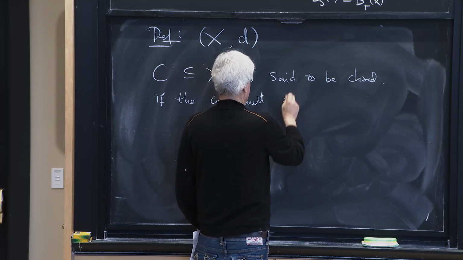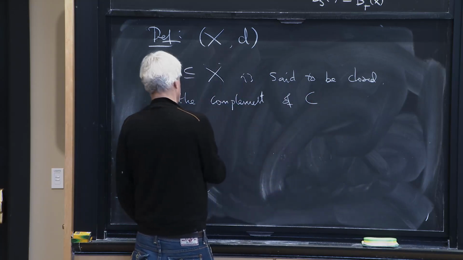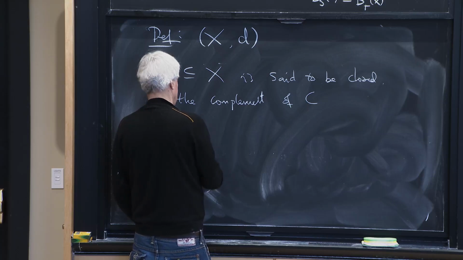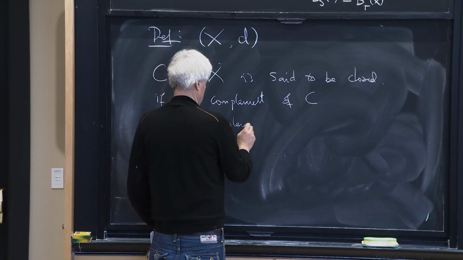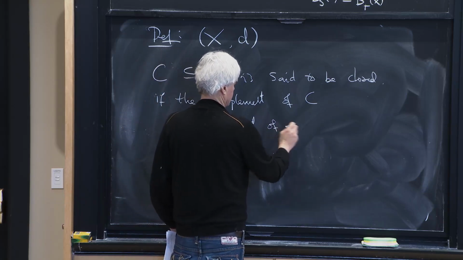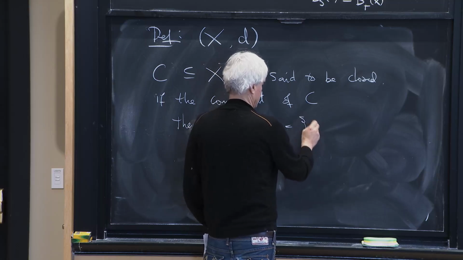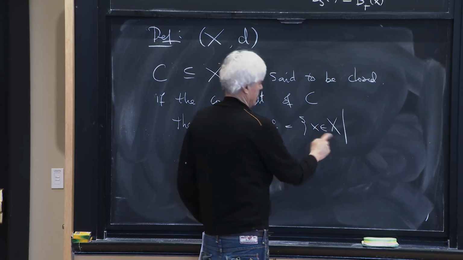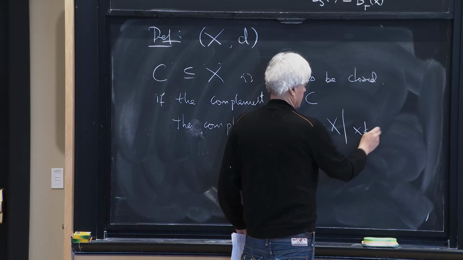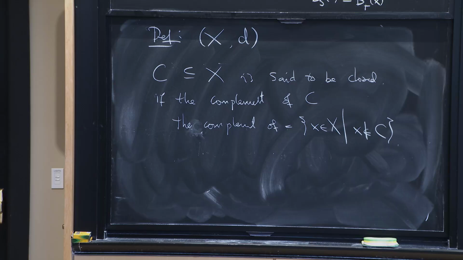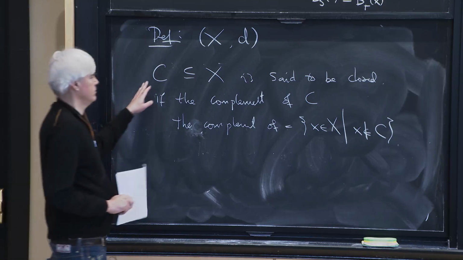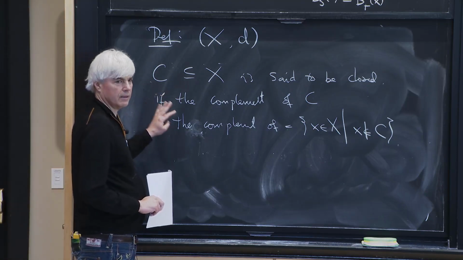The complement of C is all the x in X such that x is not in C. So the complement of a set is everything in X that is not in that set. And a set is said to be closed if the complement is open.